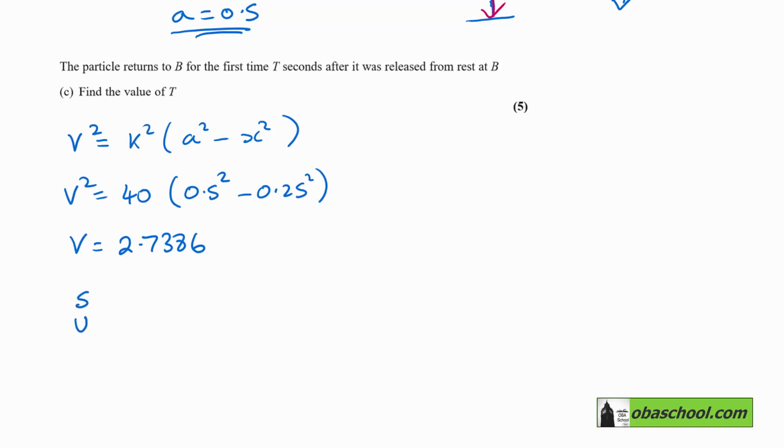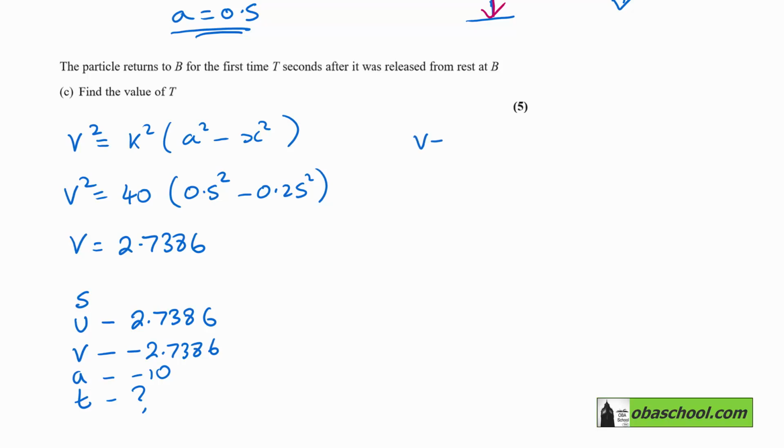Then we're just going to use suvat. So we know the u is 2.7386. With no resistance on the way down, when the string becomes tight again, v will be negative 2.7386. The acceleration we know is negative 10. And the time is what we're trying to find.